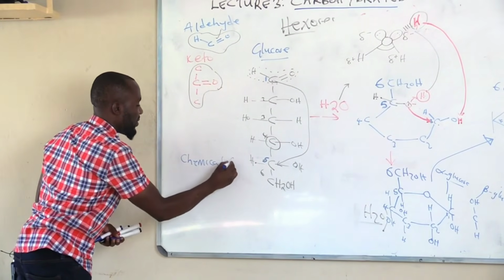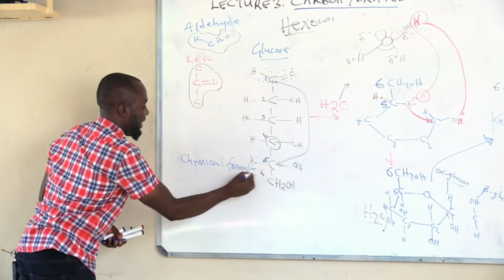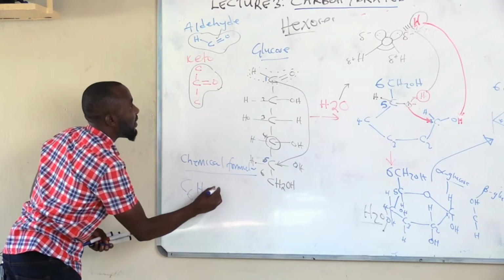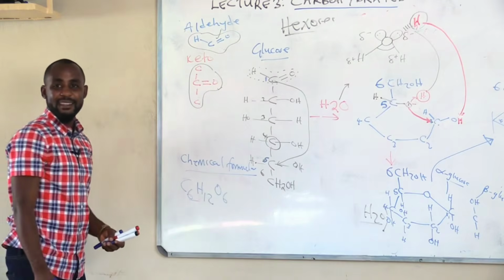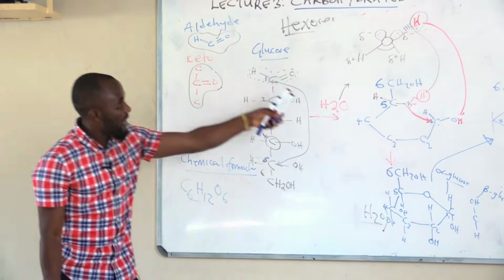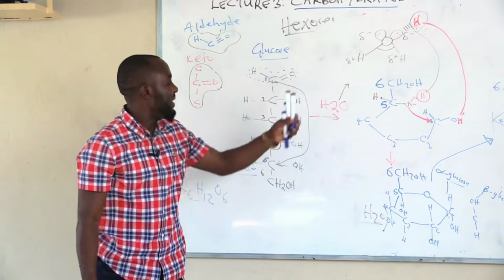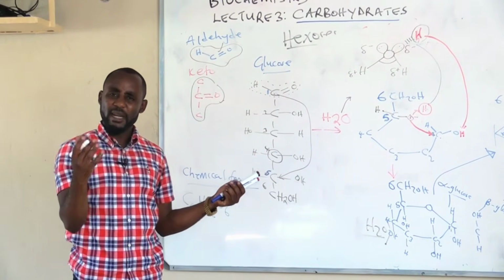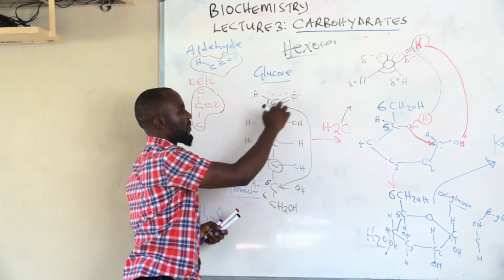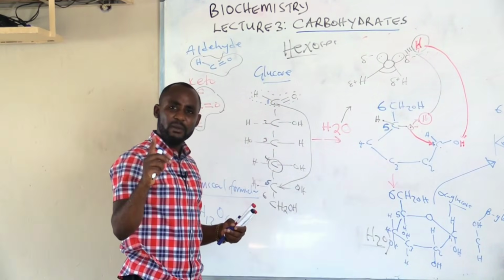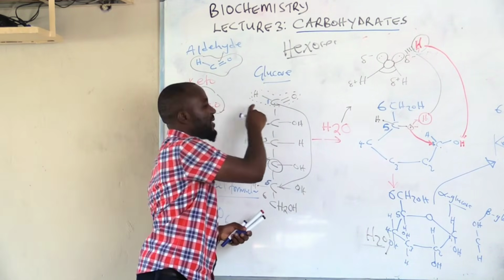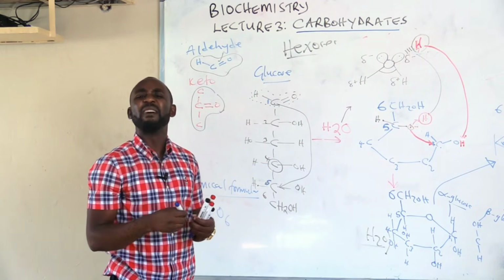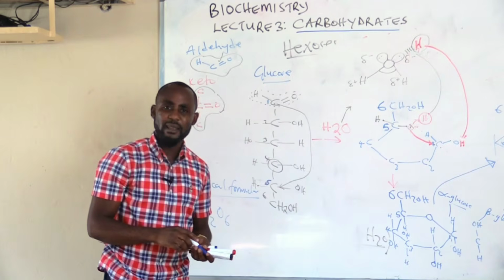And their chemical formula is C6H12O6. So the 3 sugars you are seeing here differ in structure. Remember I said glucose differs from galactose on carbon number 4. Glucose differs from fructose on carbon number 1 and 2. But they have the same chemical formula.